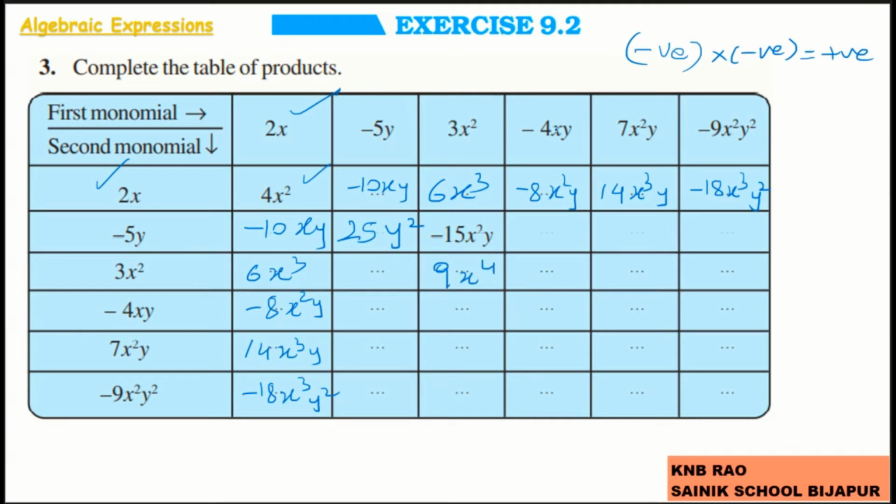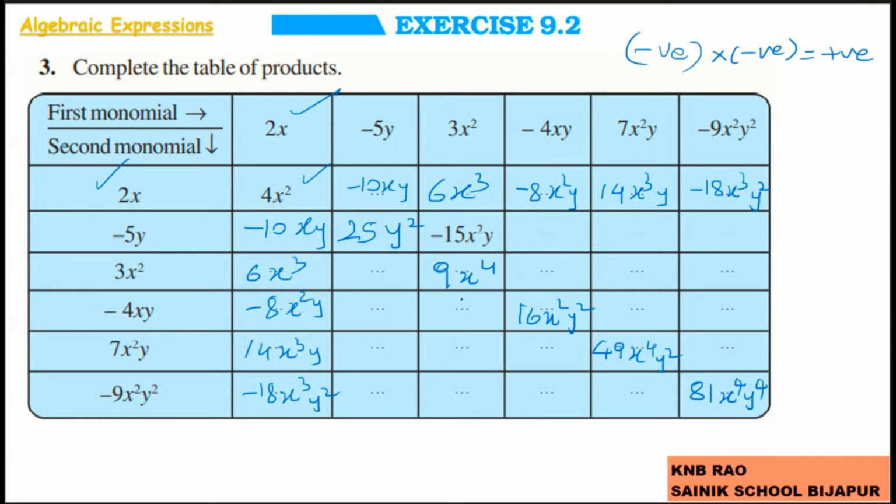Minus 4xy multiplied by itself gives plus 16x square y square. 7x square y multiplied by itself gives 49x to the power 4 y square. Minus 9x square y into minus 9x square y gives plus 81x power 4 y power 4. So this is how I have multiplied the diagonals.